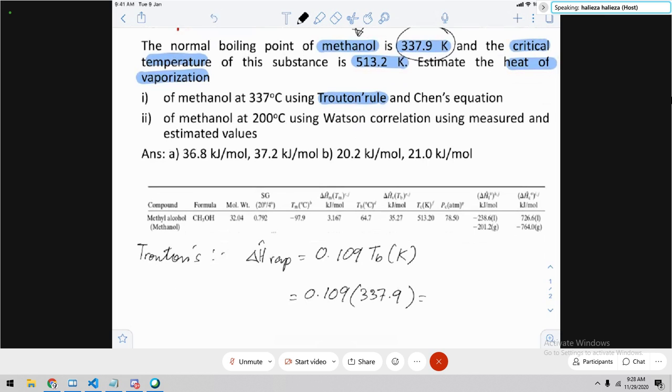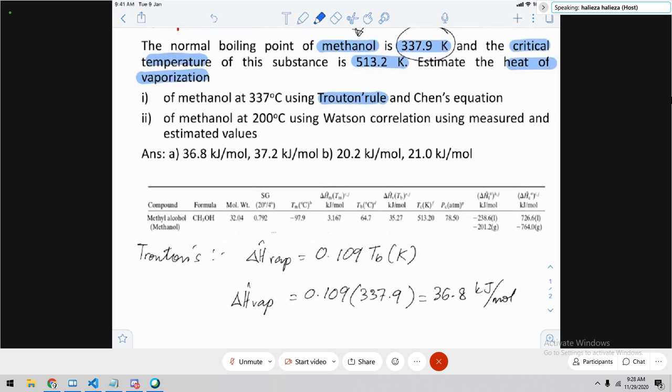If you calculate that, and I look at my solution from the textbook, this is example 8.43. After you have calculated it, you should get 36.8, and the unit must be kilojoules per mole. That is the latent heat of vaporization estimated using Thornton's rule.